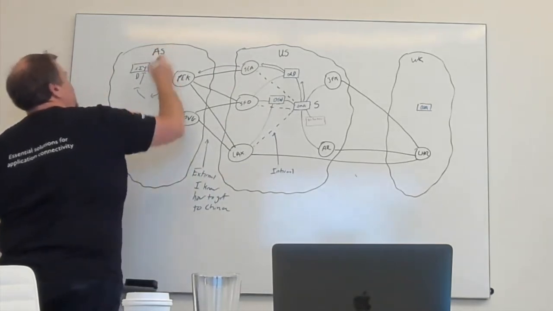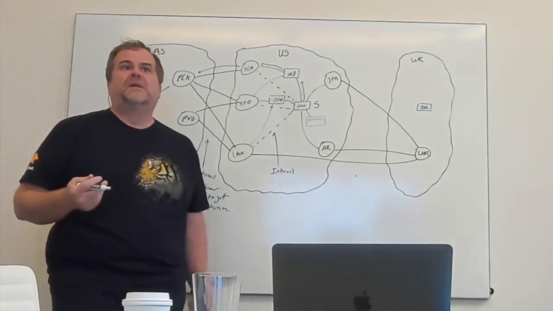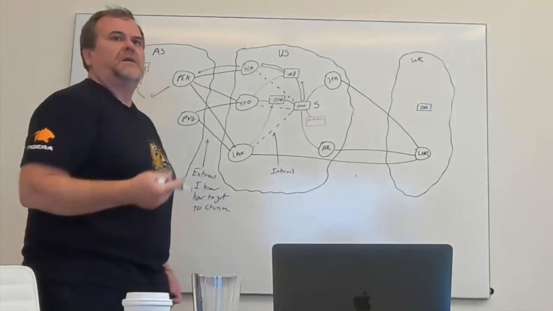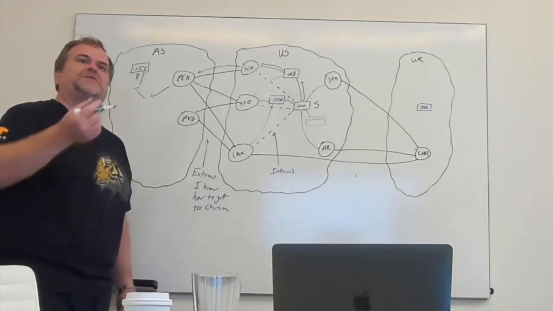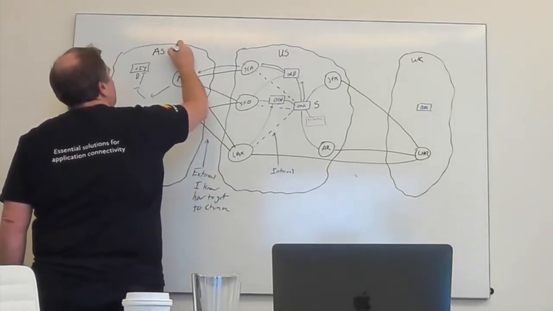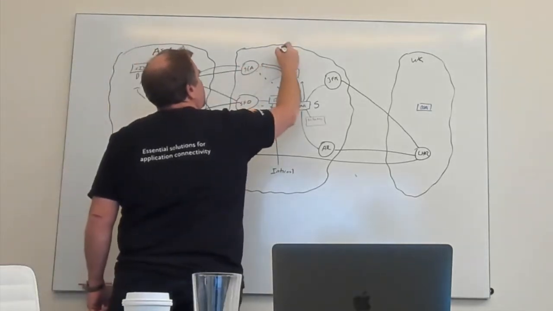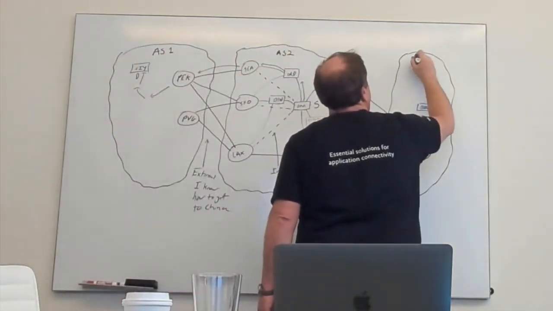There are numbers, they're handed out by the same folks who hand out your IP addresses, the registries. You can also have private ones, so you can have private address space, RFC 1918 address space, and you can have private ASs. So let's say this is AS1, and this is AS2, and this is AS3.